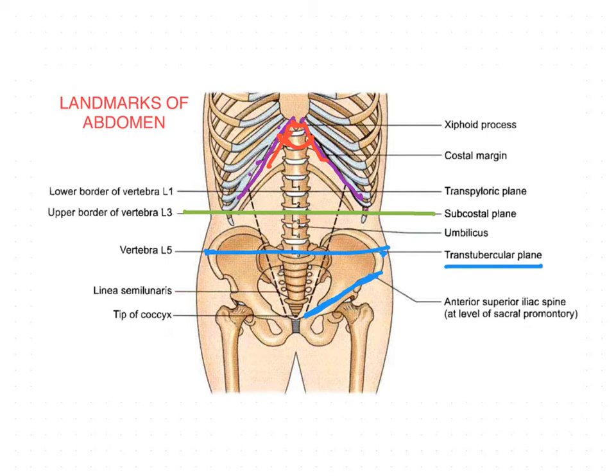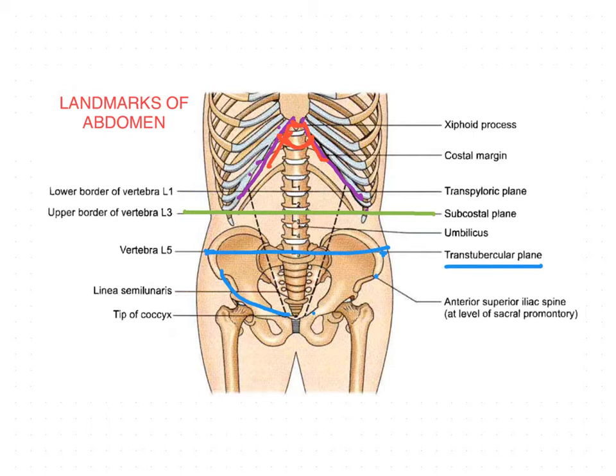Okay, it is convex downwards. So this ligament is convex downwards, like you can find this ligament like this. And it is placed at the junction of the anterior abdominal wall with the front of the thigh.